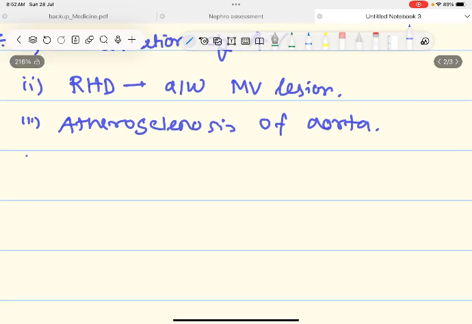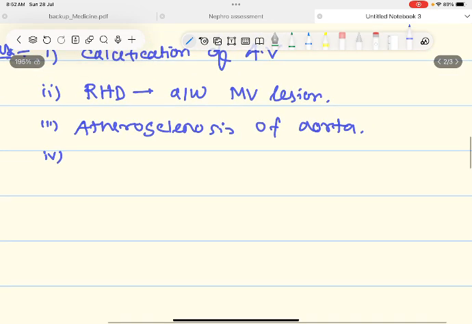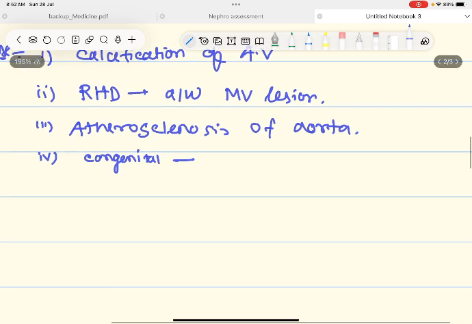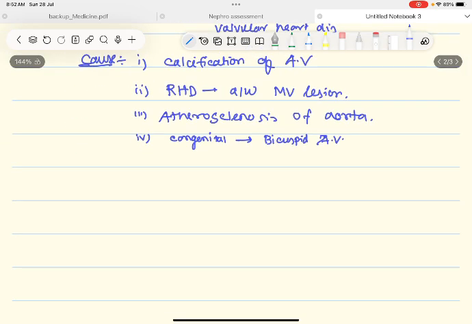And there is also a congenital cause, which is bicuspid aortic valve. In this condition, there are only 2 cusps instead of 3. It is the most common congenital valvular disease.